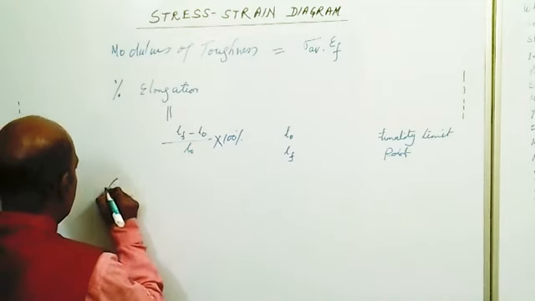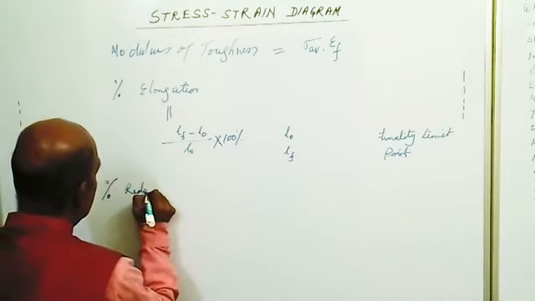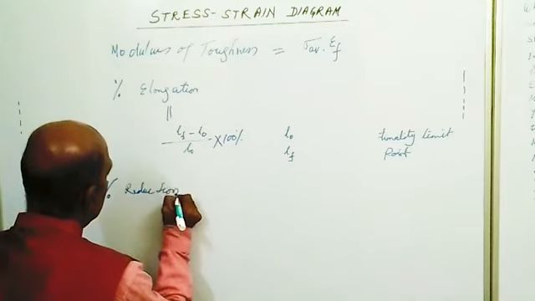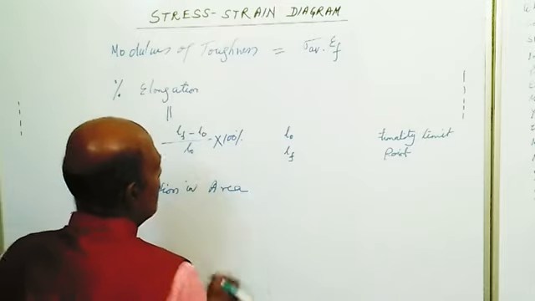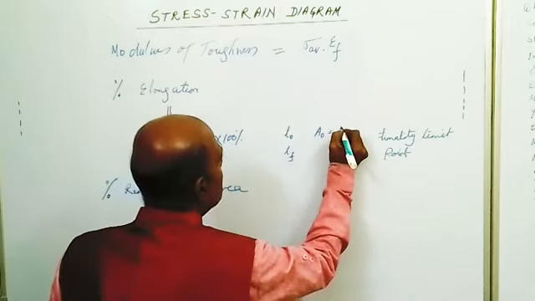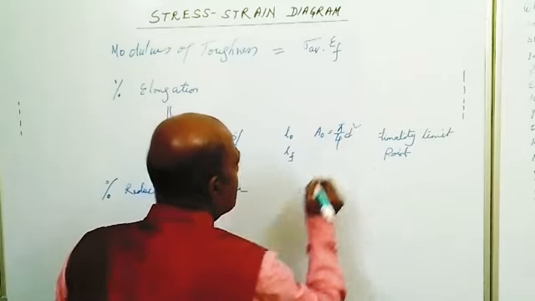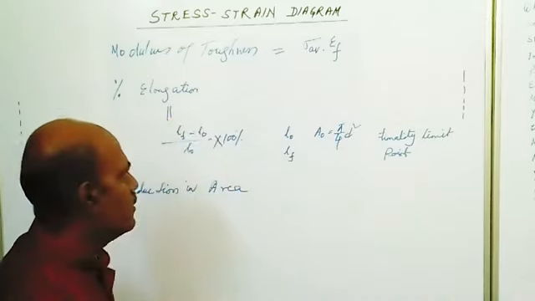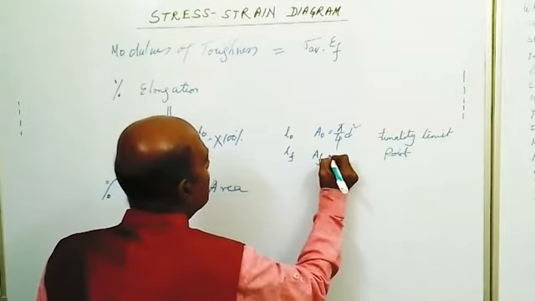Similarly, percentage reduction in area. Say the original area of the specimen was A0, given by pi by 4 into d square, and say at failure point the cross sectional area is AF.